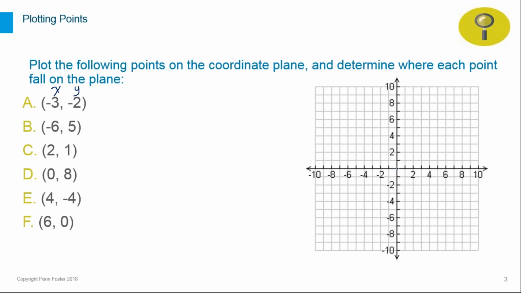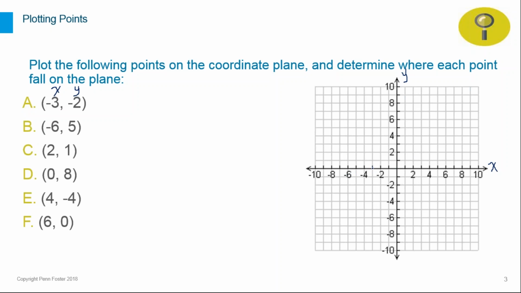Since the first number is -3 and that is for the x coordinate, we need to find -3 on the x-axis. Remember, this is the x, the horizontal axis, and this is the y, the vertical axis. So start at the origin, and since it's a negative value, you're always going to find that value on the left of the x-axis, and this is the -3.